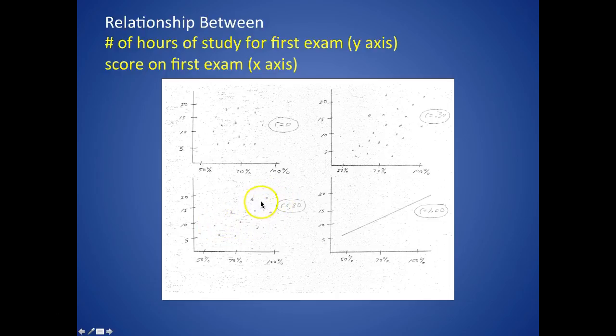You can see here that it's more obvious that the more time you study, the higher your score will likely be. If it's a perfect correlation, which you don't see often, the total amount of study time correlates perfectly with your score. And so you could predict your score based on total amount of study perfectly.